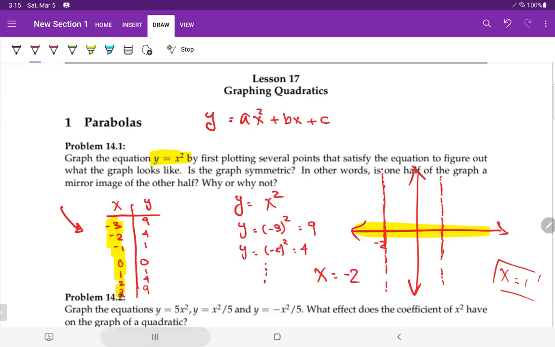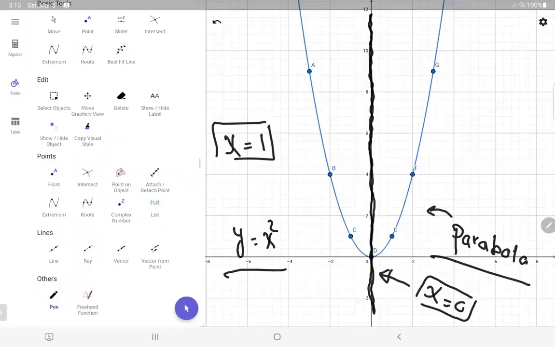So let's go back here. So x equals 0 is the mirror, which is a straight line, the mirror of this parabola. And this mirror, we call it axis of symmetry.